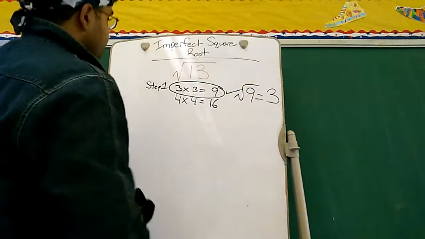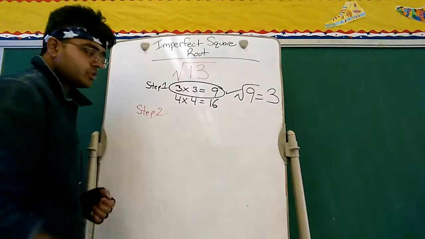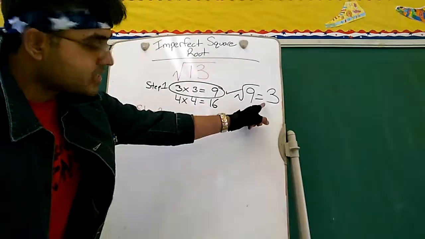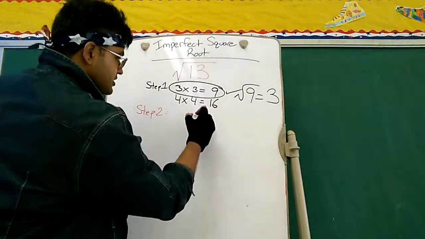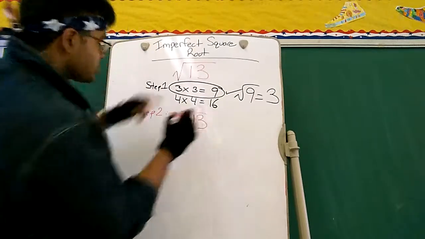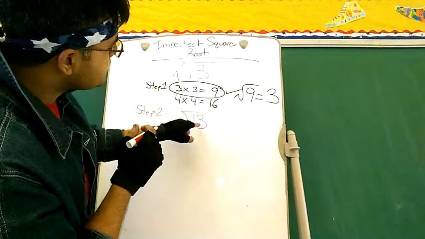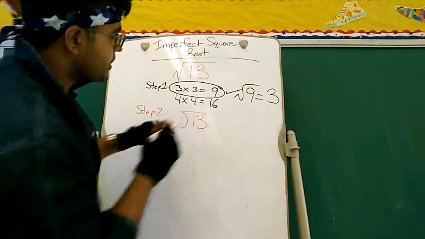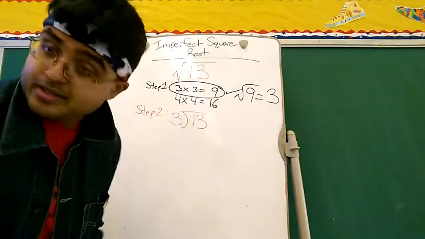Let us now go to step 2. In step number 2, we're going to take this answer from step number 1 and we're going to divide. So we're going to do 13, the number we're trying to find the square root of, and we're going to divide 13 by the number 3, which is part of our perfect square root. The kids know the technique.